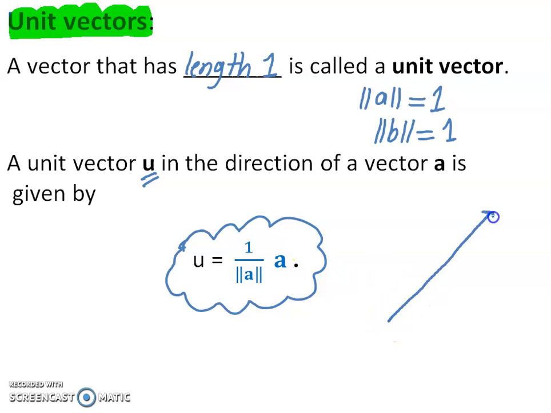Suppose this is vector A, and we want to find another vector U having length 1 and the same direction as A. We use this rule. If we want it to be in the opposite direction to A, we have to multiply U by minus.